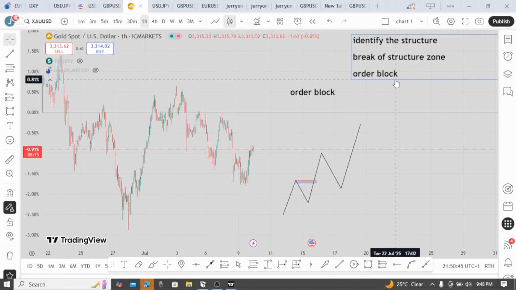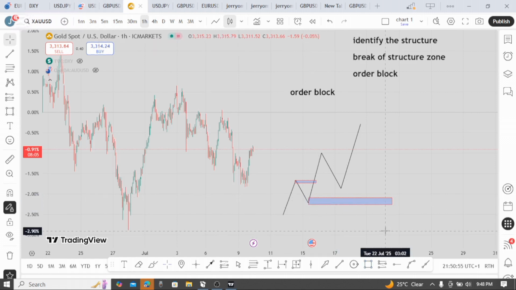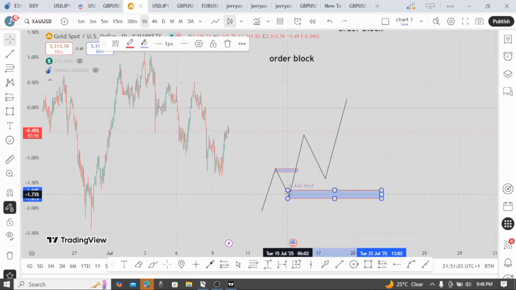Now what is our order block? This zone here is where you get your order block. If you are going on bullish structure, the last bearish candle at our higher high is our order block.